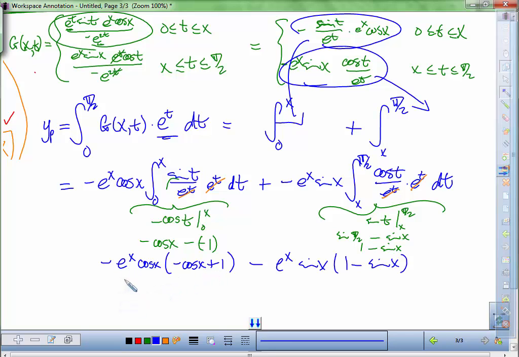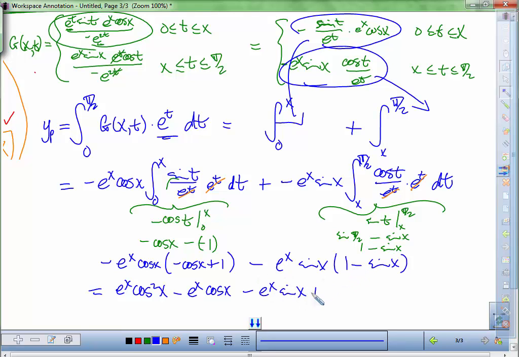So let's simplify it. Let's multiply everything out. Negative, negative is a positive. I have e to the x cosine squared x. And then this negative and the positive is negative, minus e to the x cosine x. What? I'm done. People want me to simplify. The next one is minus e to the x sine x.